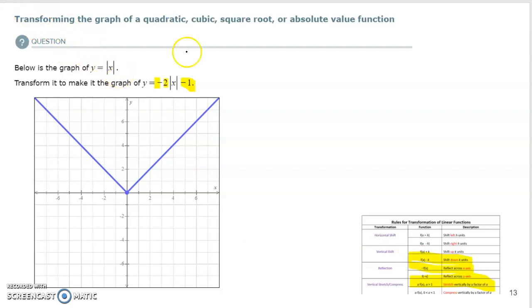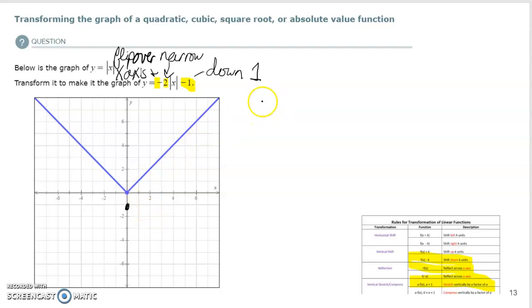So let's take a second to actually write all that. This is down 1. This is like I'm stretching it vertically, so this is narrow. And this is flip over x. Okay, so this for sure means I'm going to move it down 1. And I know it's going to be downward facing.